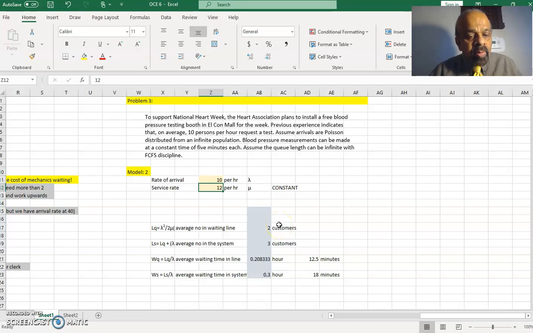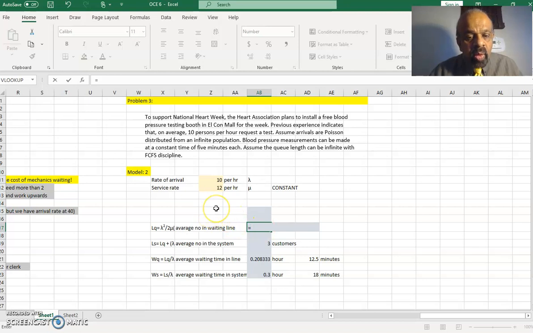Let's find LQ, LS, WQ, WS. For model 2, if you go to the same figure 7.11, the first one is going to be LQ. LQ is going to be lambda squared, which is 10 times 10, divided by 2 times mu, which is 12, times (mu minus lambda), which is 12 minus 10.